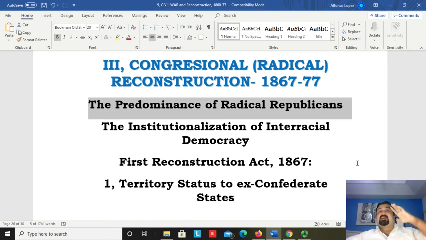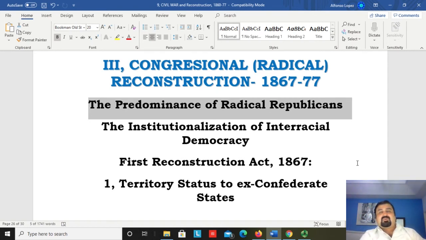Now we're convinced more than ever that it's not enough to free the slaves. We have to make sure that the freed population are citizens, and that they're going to be enjoying all of the civil rights and voting rights, not only the right to vote but even holding office, etc. We want deep change, in other words.